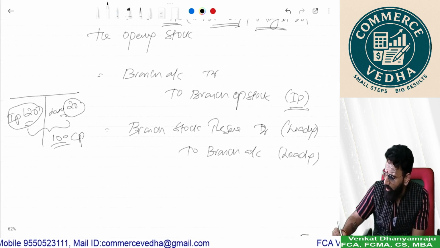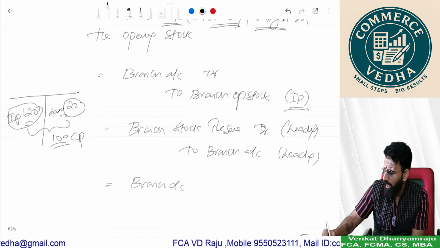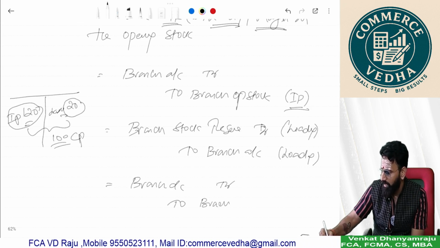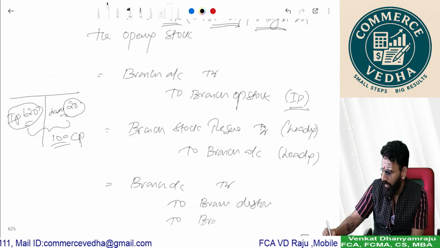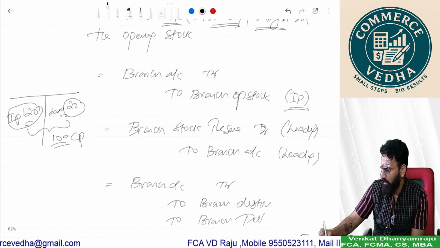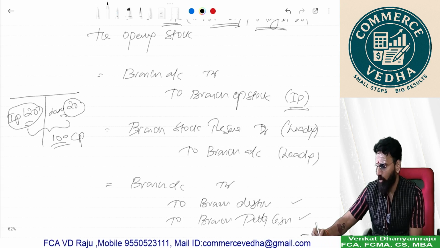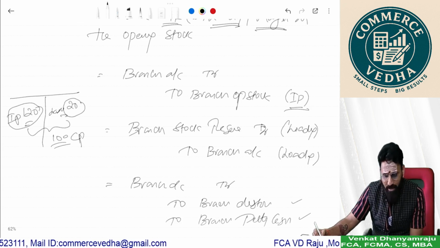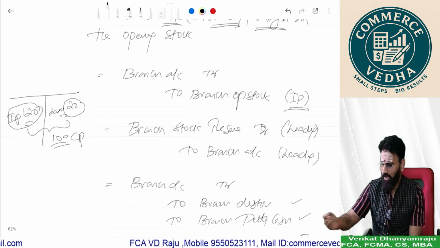Now, after that, record all the other assets like branch account debit to branch debtors and branch petty cash. So opening recording is done. Opening stock recorded, opening debtors recorded, opening petty cash recorded, and opening loading is reversed on the other side.